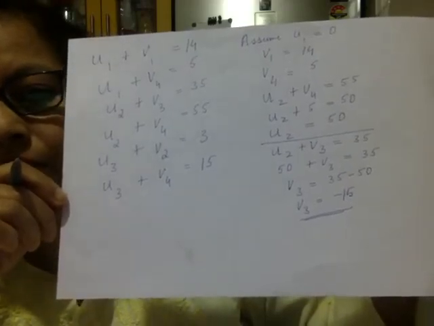U3 plus V4 is equal to 15. But V4 is 5. U3 plus 5 is equal to 15. U3 is equal to 15 minus 5, so U3 is equal to 10.